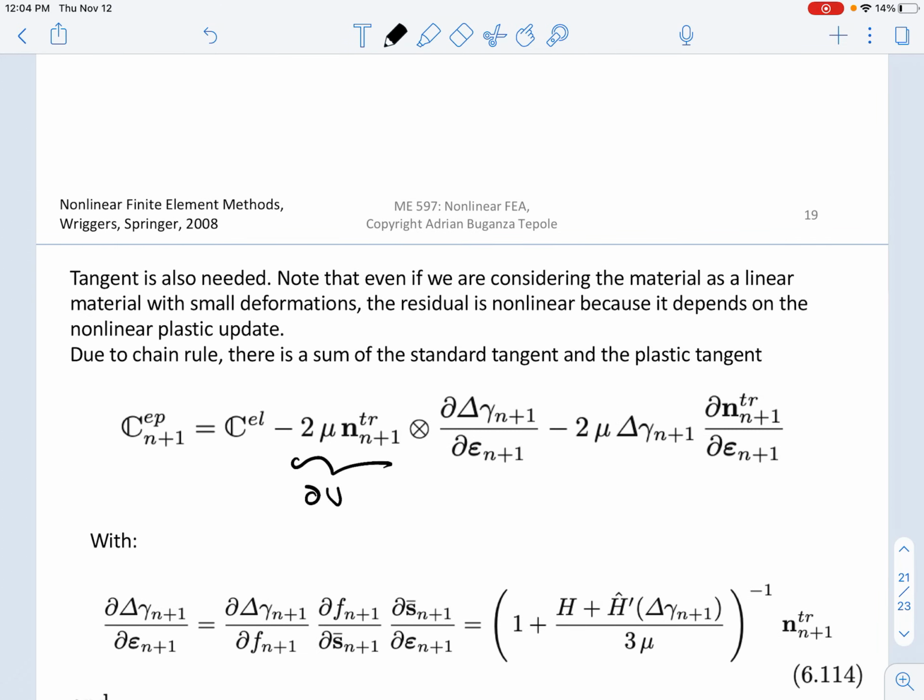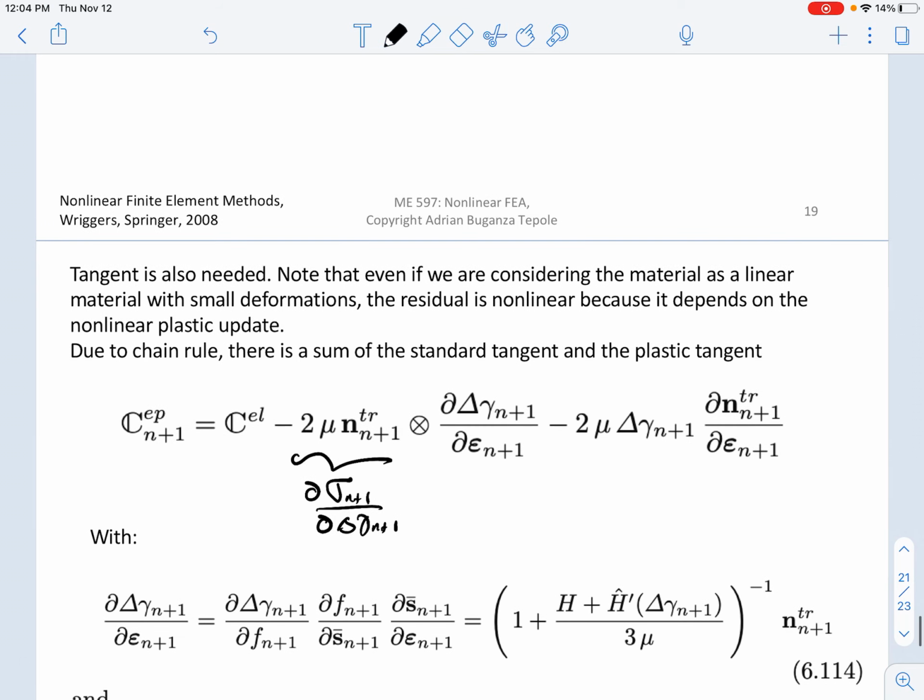So this is basically the derivative of the stress at n plus 1 with respect to the plastic flow times the derivative of the plastic flow with respect to the total strains. And this one right here is the derivative of the stress with respect to the direction of plastic flow. And then this direction of plastic flow depends on the strains. This dependence is given by your algorithm again. So this depends on how you are evaluating the plastic problem.